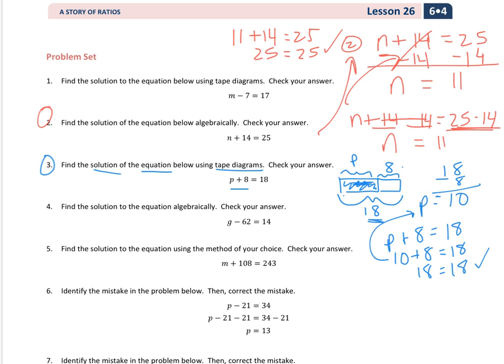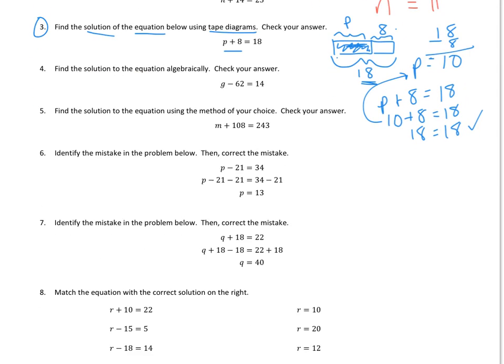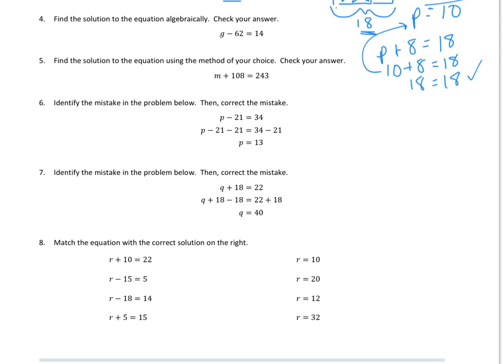Now very quickly we'll take a look down at 6, because we have to identify the mistake. Identify the mistake in the problem below, then correct the mistake. I'm going to solve this off to the side. That's the best way to do it, to not look at any of the mistakes first and solve it yourself. The only thing I'm going to glance at is which way they solved it, and I see that they're doing it horizontally.